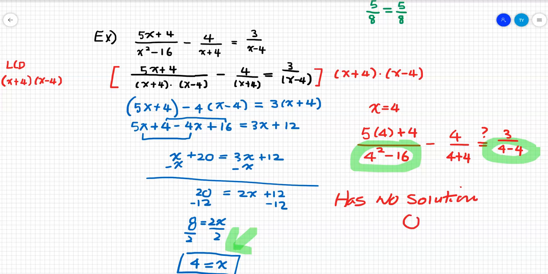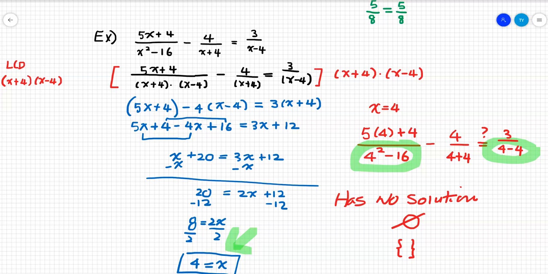Or you can just say 0 with a line going through it. That's another way. Or you can write something like this. That's also indicating that there are no solutions. So this is one thing we need to be aware of.